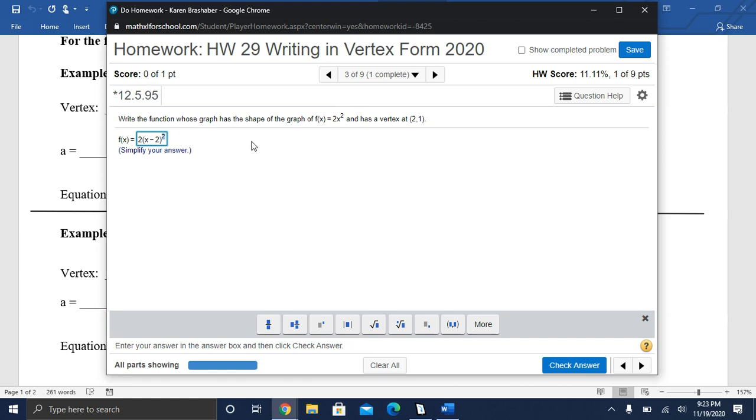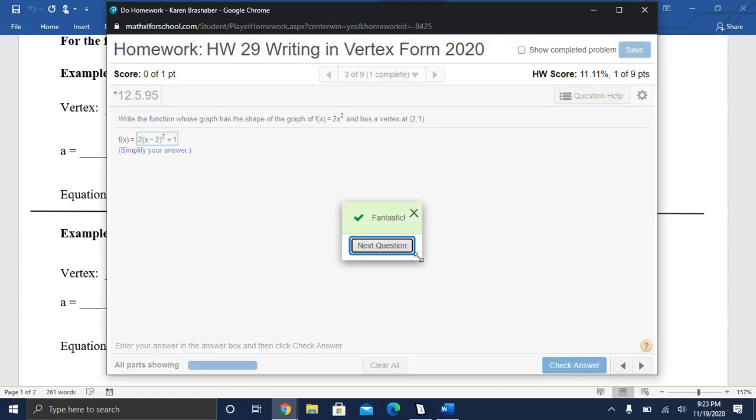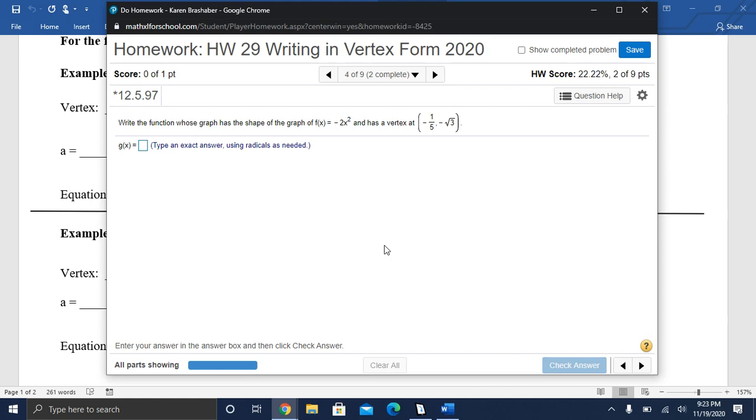So check that if it says you missed it. And then I've got a 1 that I need to add on to the end for the rest of my vertex. And this is using that vertex form that's at the top of your notes. So here's what you would be typing in. You're going to check your answer. And again, this is what problems 3, 4, and 5 are.